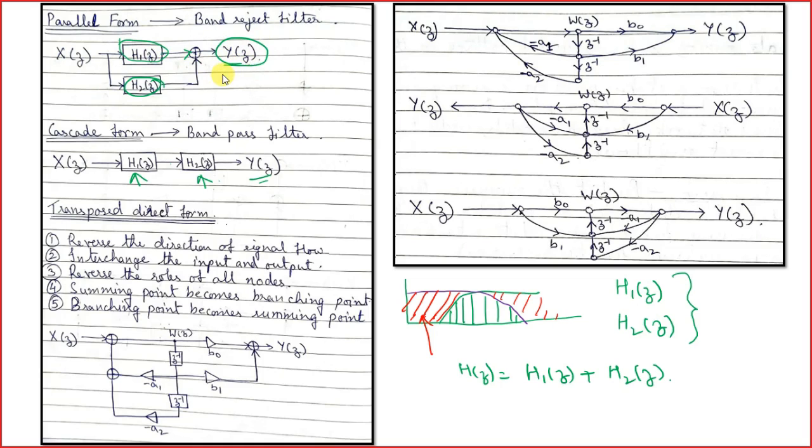Okay. In the second case, in the case of multiplication, you implement the first filter, give it the input, get an output, and give that to the second subsystem as its input, and the output of the second subsystem will be your final output. Okay.